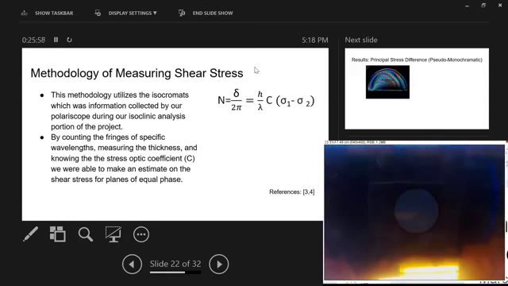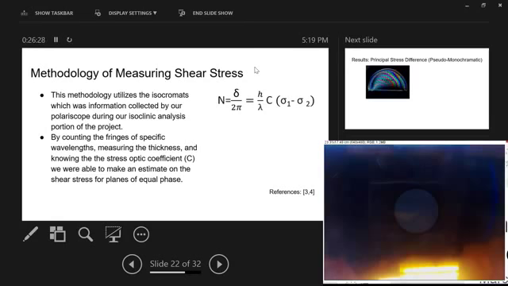This second experiment was a little bit more ambitious, and we decided, okay, we don't just want to say the direction of the stress. We want to actually say what the value of the stress in the object is. So we wanted to find some way to isolate this sigma 1 minus sigma 2 term. In order to do that, we need to know the C value, which is dependent on the material we're using.